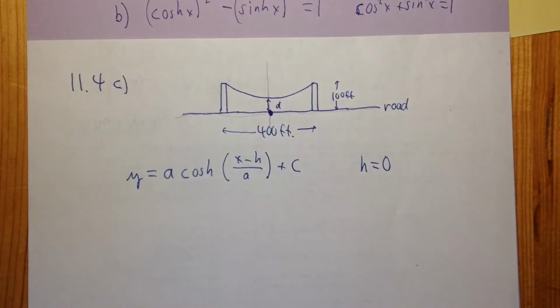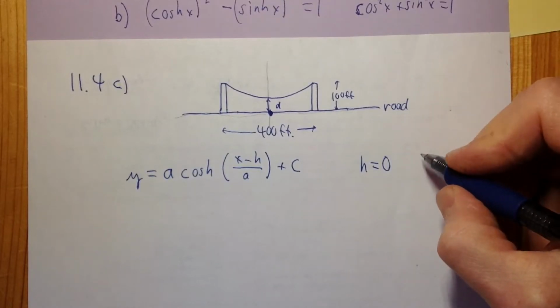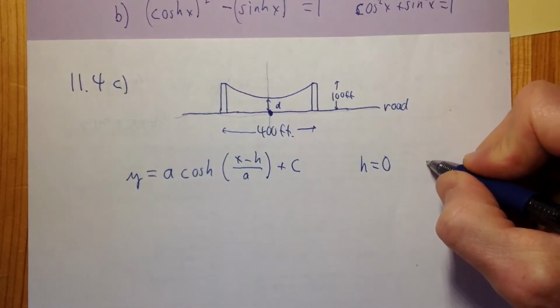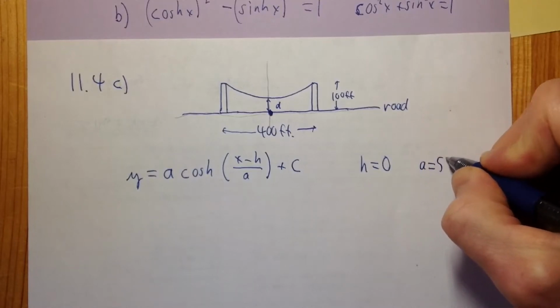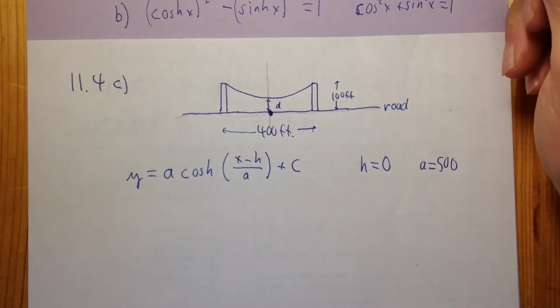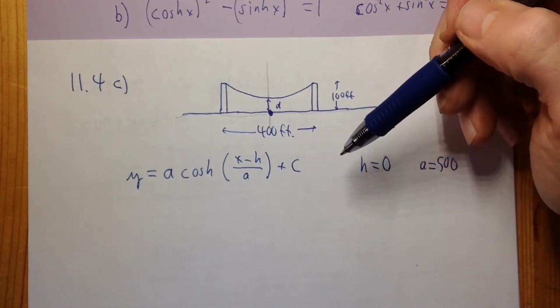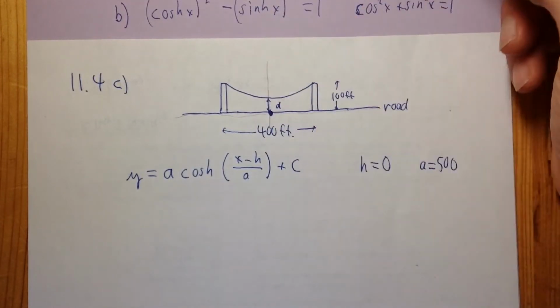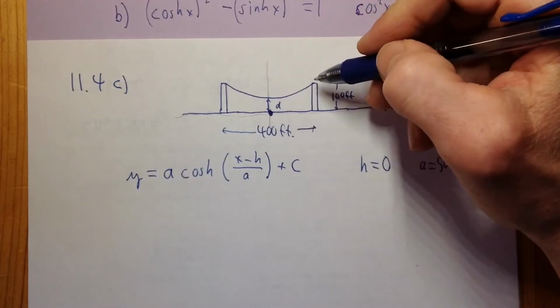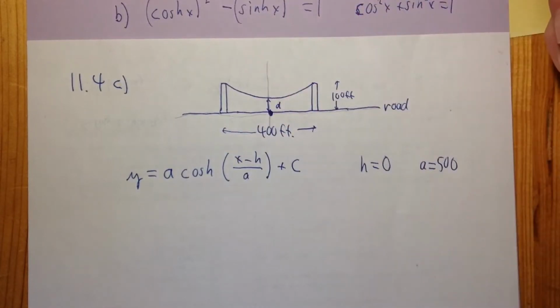And if we do that, they tell us that then a is equal to 500 in this case. So we can also say that a is equal to 500, and now we can figure out what d is, what the lowest distance is if that's the shape of our curve.